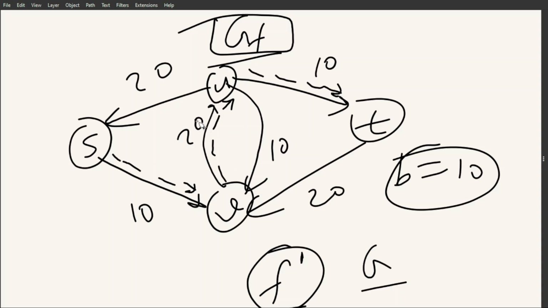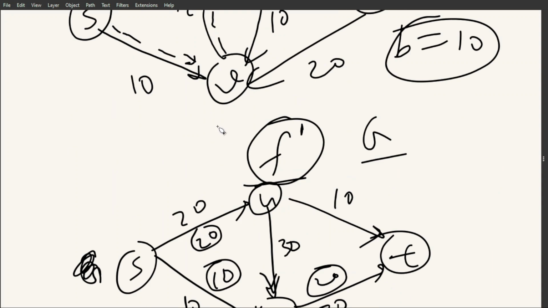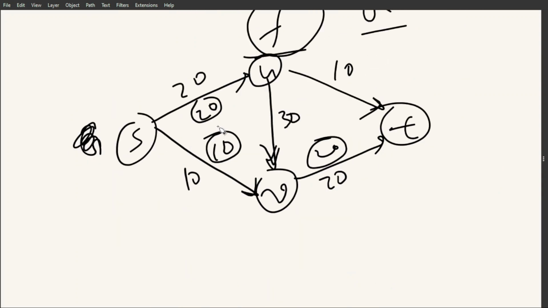So decrease 20 to 10. So 20 minus 10 is 10. So here the flow we define as 10. Just write 10.